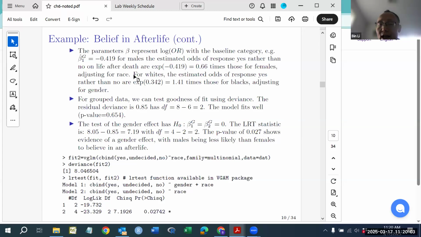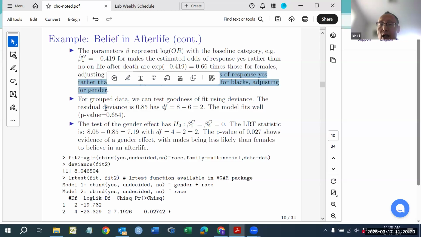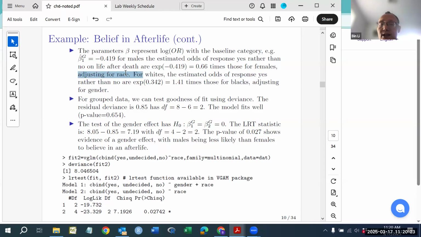Like here, for whites, the estimated odds of response yes rather than no are 1.4 times those for blacks, adjusting for gender. I forgot to mention adjusting for race above. It is needed because we have more than 1 predictor. So when we interpret the beta for one variable, we always need to hold the other variable fixed. That's adjusting for the other variable.